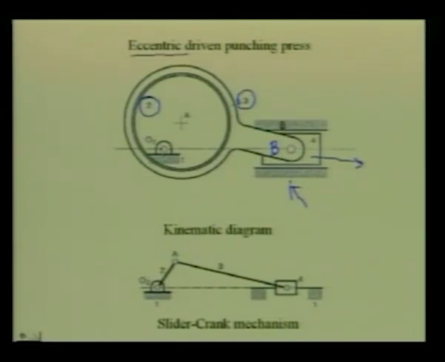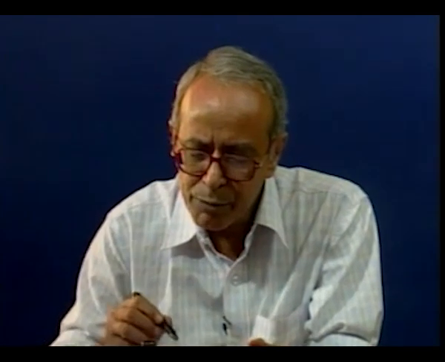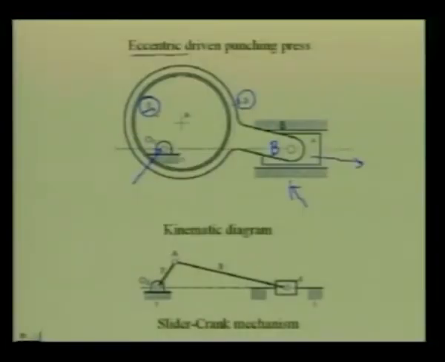This is the shaft which rotates the eccentric number 2. So, there is a revolute pair between the frame of the machine and this link number 2 at O2. The question is to determine what is the kinematic pair between these two links, namely 2 and 3.